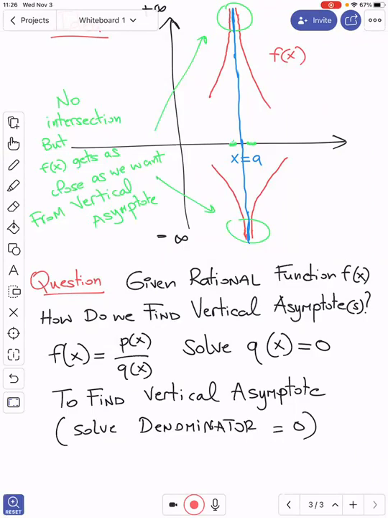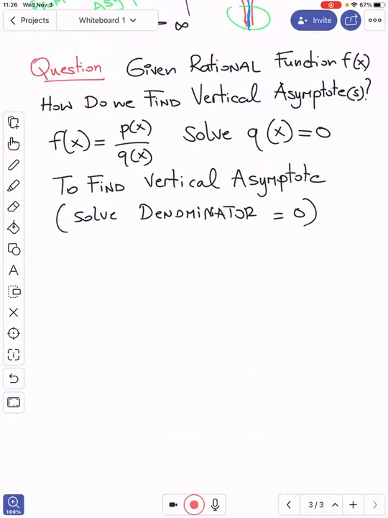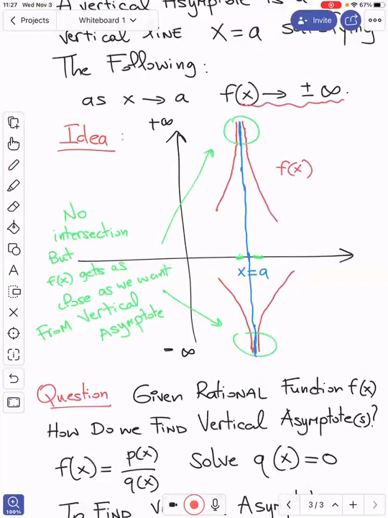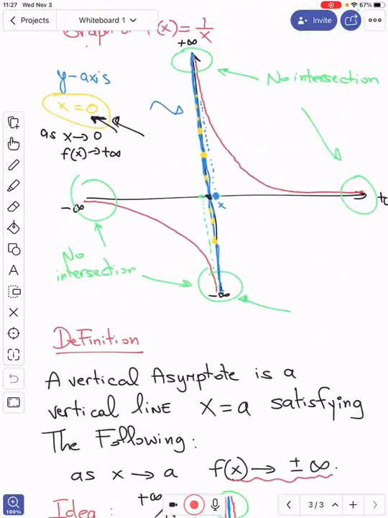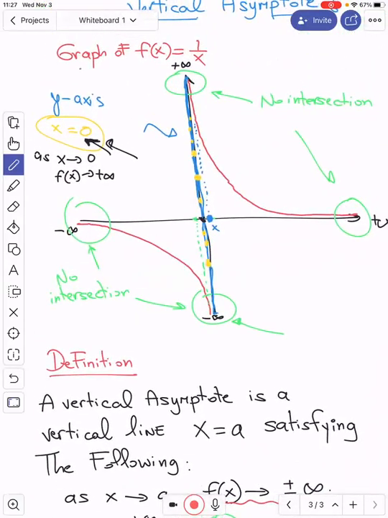But before that, let me define and explain how we find the horizontal asymptote. So remember in our example with 1/x, our horizontal asymptote was the x-axis. So this is my horizontal asymptote.